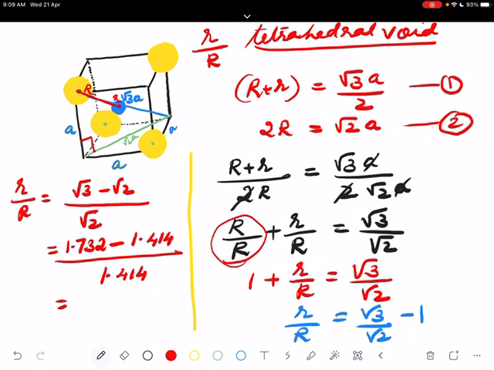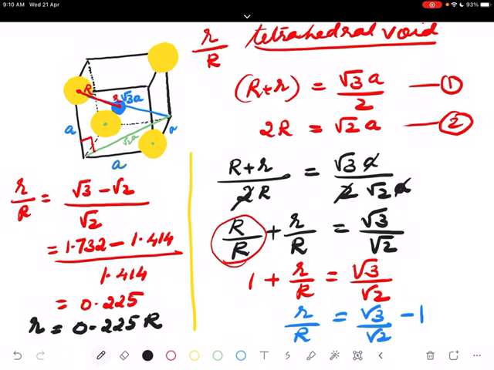Solving this, you will be getting 0.225, or you can write small r is equal to 0.225 capital R. So which is bigger, octahedral void or tetrahedral void? Octahedral void is bigger than a tetrahedral void. So this is the relation between small r and capital R, or we can say radius ratio.